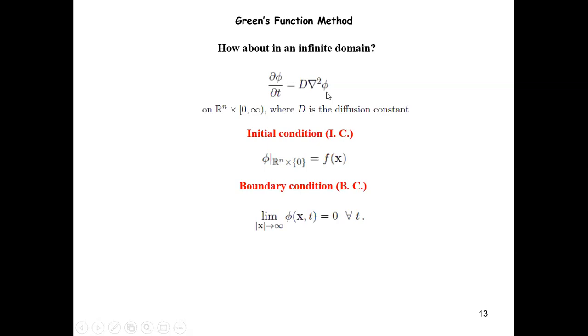So this tells you that we can have this for a high dimensional space. In our domain this is just 1D, so n equals 1, but we can have n equals 2 or 3 for higher dimensions. This means the system is defined in this particular domain. So instead of having a finite length, we are considering that the bar is very, very long.